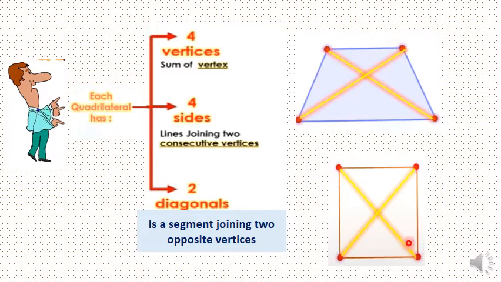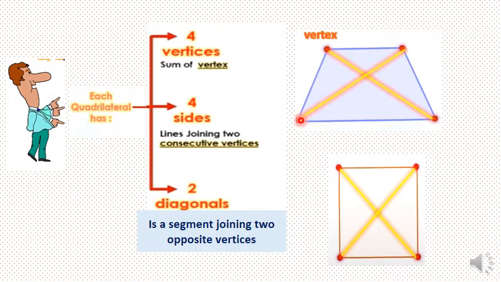Since it's joining two opposite vertices, I will get an X shape, so I will get two diagonals. In each quadrilateral, I have two diagonals. They have an X shape. They are joining two opposite vertices. Opposite, they are facing each other. Okay?